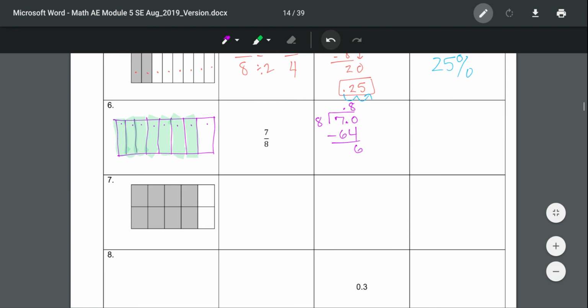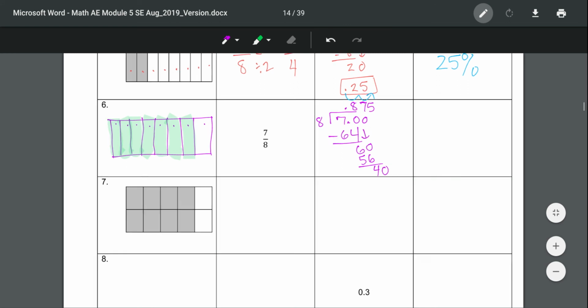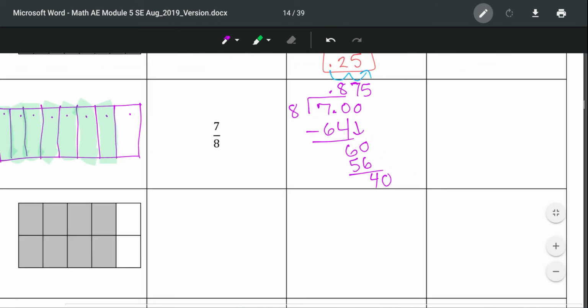Your remainder is 6. Add a 0, bring it down. 8 goes into 60 7 times. 7 times 8 is 56. Your remainder is 4. Add a 0, bring it down. 8 goes into 40 5 times. So you get 0.875.